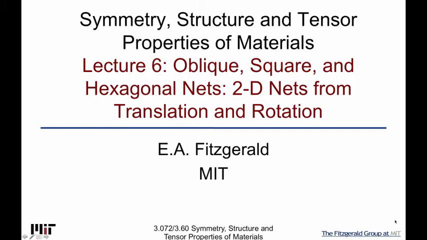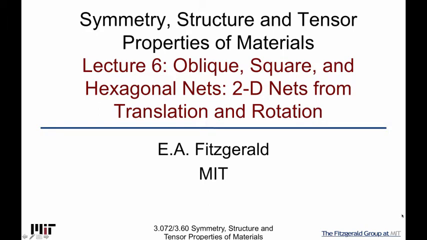Welcome to Lecture 6 in Symmetry, Structure, and Tensor Properties and Materials. In this lecture, now that we've talked about our symbols and we've already given you one example of a combination of operations with a rotational axis and a translation vector, we're going to now develop some of the 2D nets, the most simple ones, which can be created by combining a translation vector with a rotation axis.